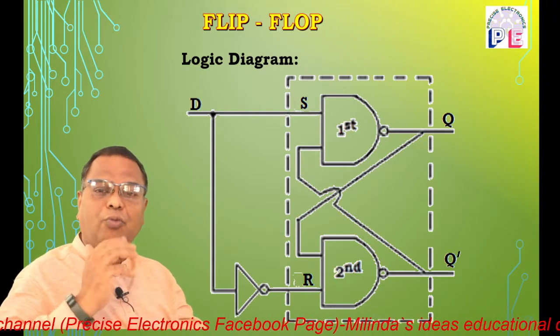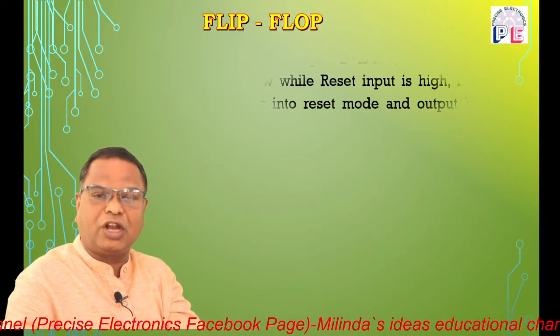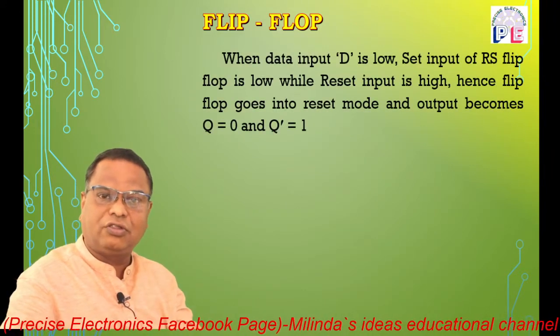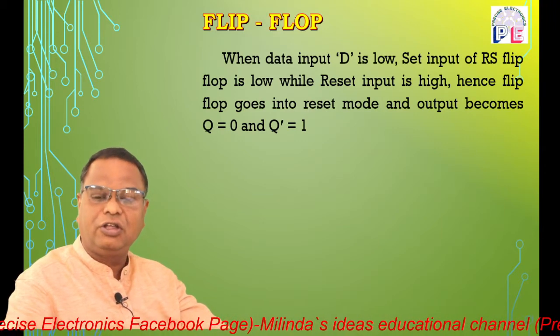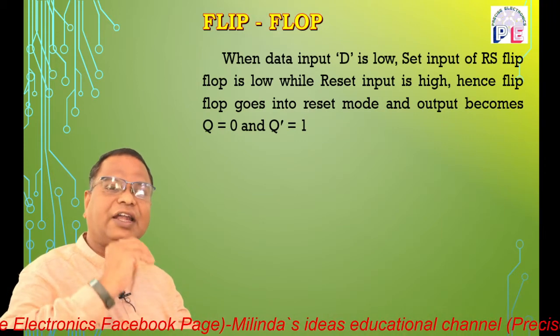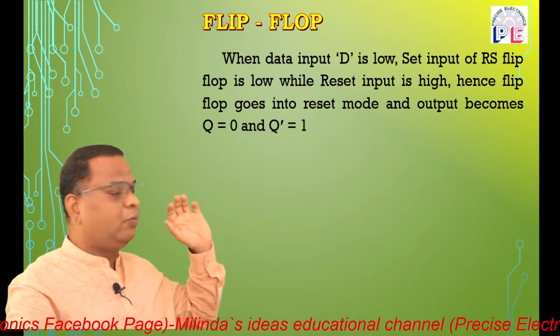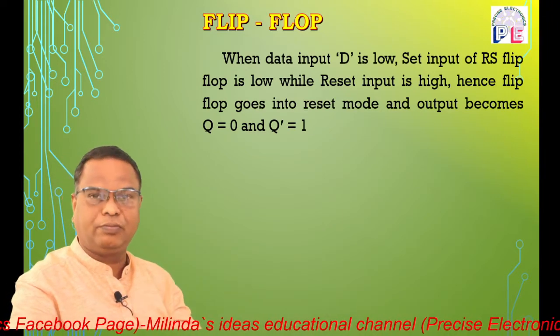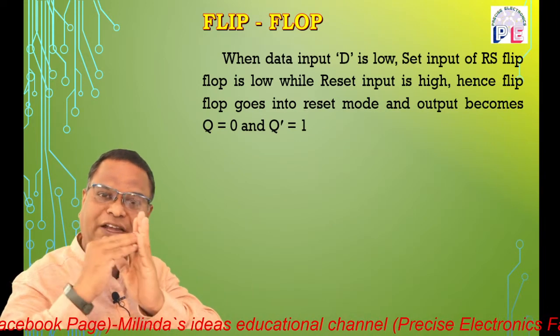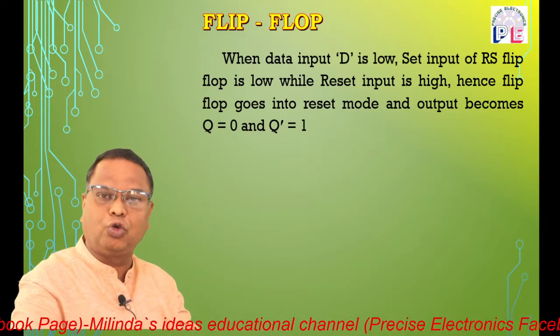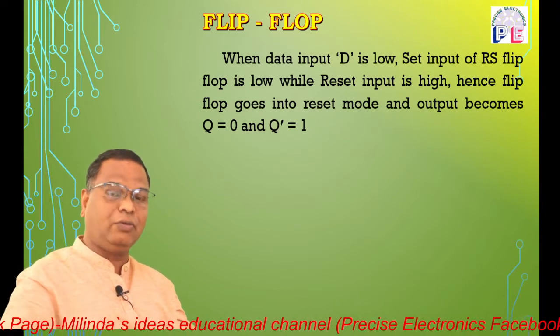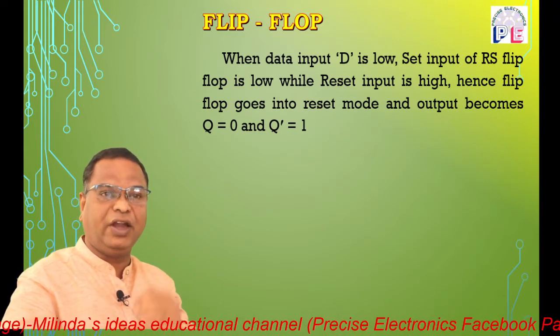So now we are moving toward the output conditions, the working conditions. What is the first condition? The first condition is when the data input is low. When the data input is low, the set input also goes to low level because data is directly connected to the set terminal. But the reset input now becomes high. Why does it become high?